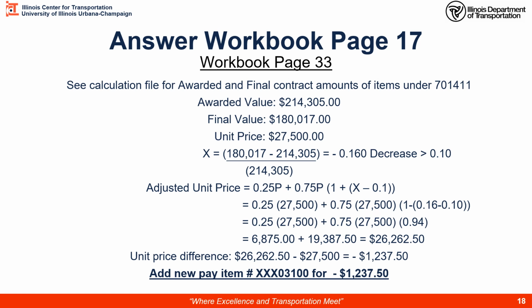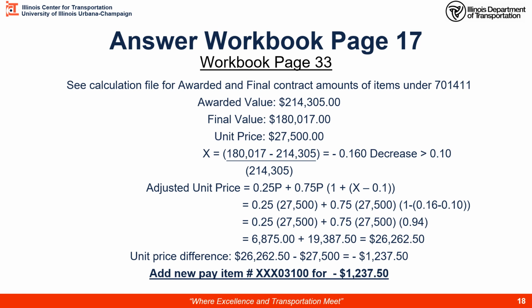For the answer to our problem, let's go to workbook page 33. Again, we're going to reference a note to where the calculations can be found. They were given to us in this example. So we have an award value, our final value, which is less than the award, and then our bid price for our traffic control protection.